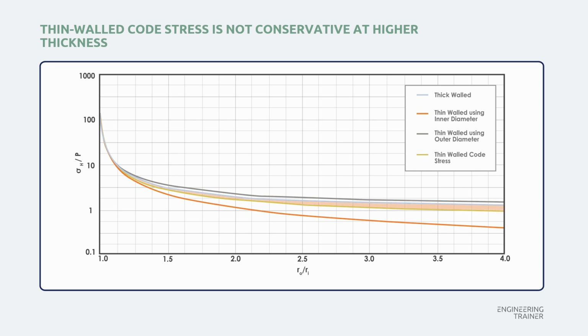Also, the code stress typically lies below Lemay's equation in the diverging region, meaning that the stress is underestimated for the code stress, making it non-conservative to use the thin-walled relation. This decreases the cost of a system, but could also make it unsafe to operate. So, for higher wall thicknesses, Lemay's equation should be used to determine the stress, as this provides the actual maximum stress that occurs within the pipe wall.